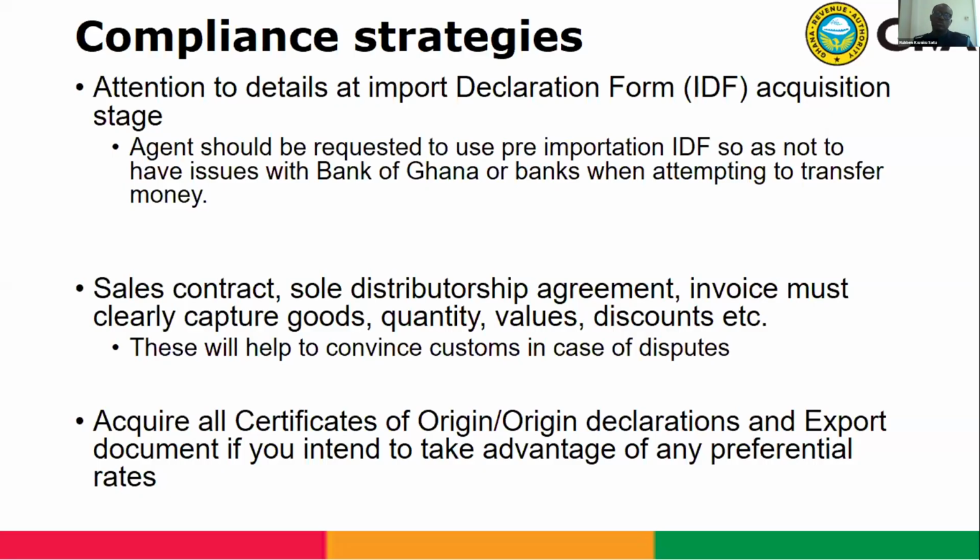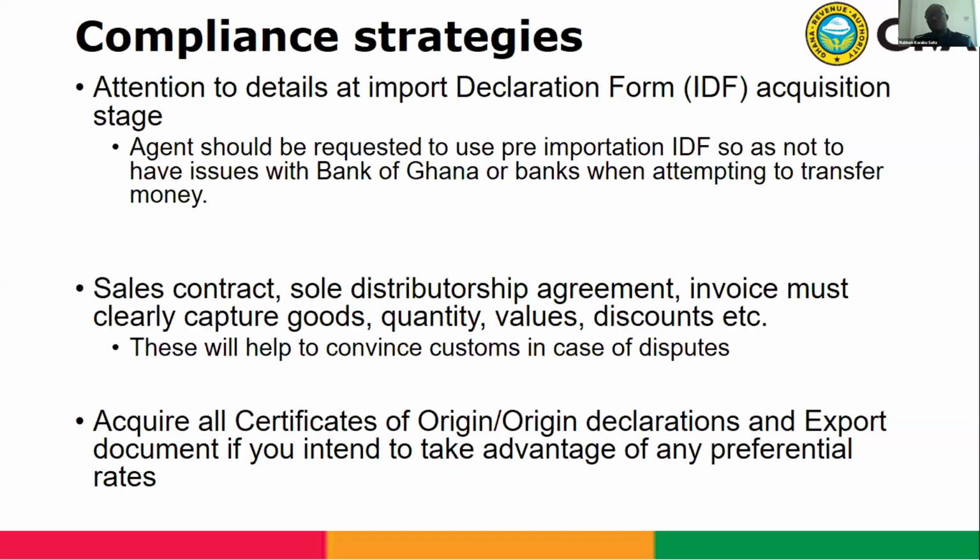Also important is to ensure that IDFs acquired at the beginning of each transaction, for payment or for raising LCs and other documentary credits, are used at the time of clearance, so that it will not appear as if you've transferred so much money out of the system and you've not brought in any goods, because those IDFs will be hanging.